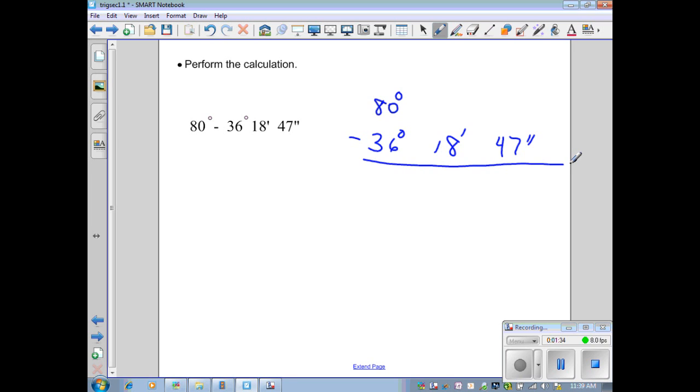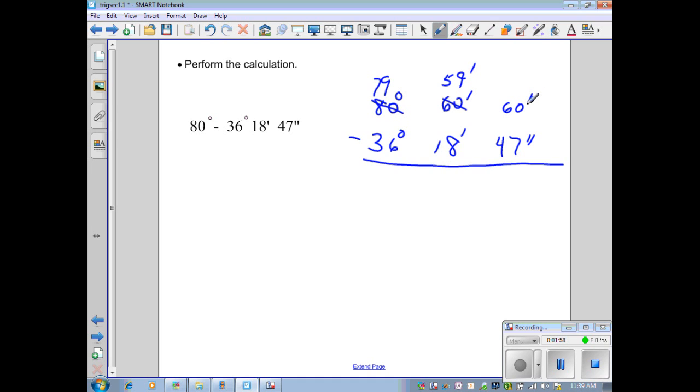So we're going to take 1 degree from 80 degrees, making that 79 degrees. That's going to give us 60 minutes. I wouldn't have written that except for this example, because what I'm going to have to do is borrow from our minutes. So this is really going to be 59 minutes, and this will give us 60 seconds.